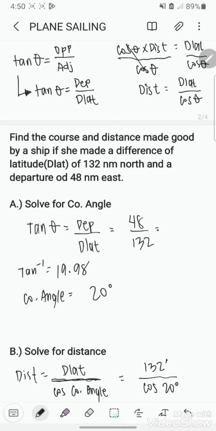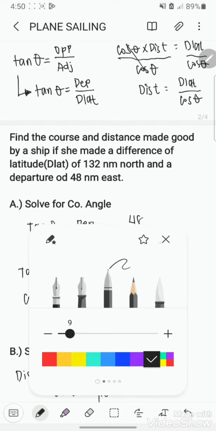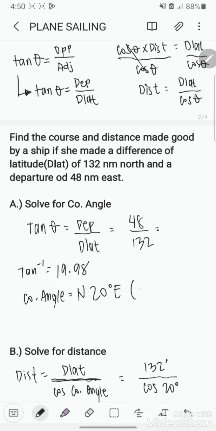You see here north, you see here east, meaning the dlat is north and the departure is east. So northeast 20 degrees. When we convert it to true north, we come up with still 20 degrees true. So that is our course angle.